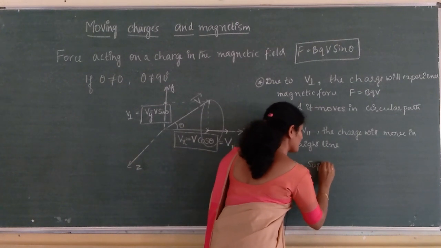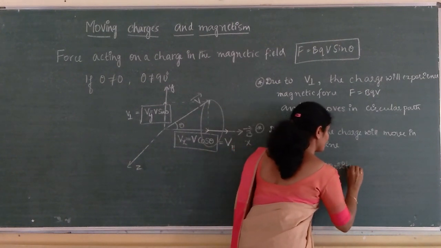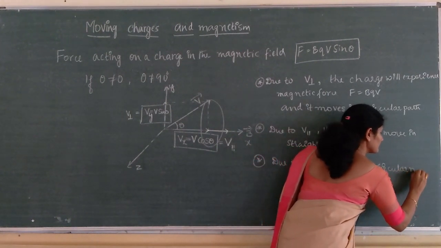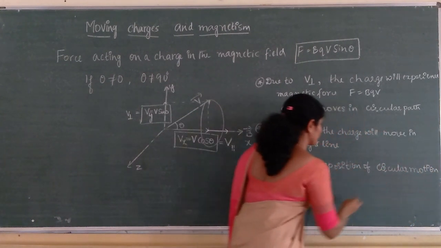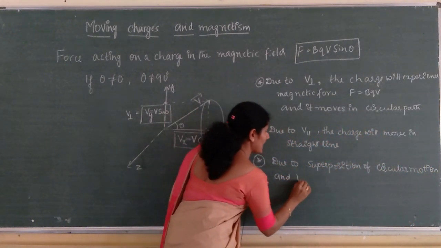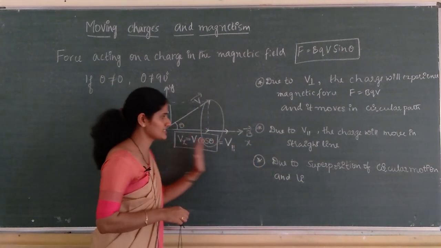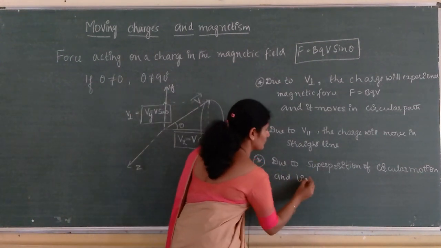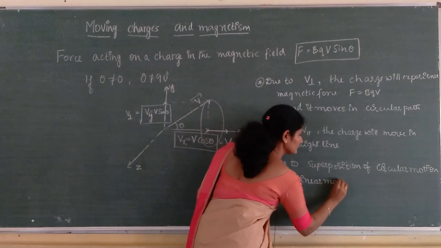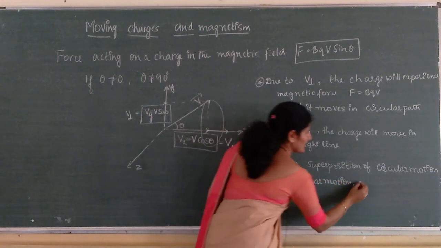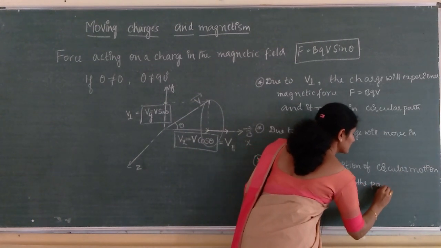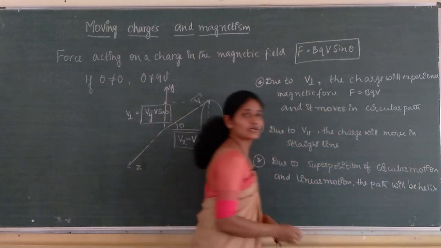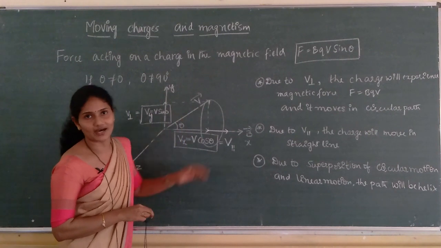Due to the superposition of circular motion and linear motion, where linear motion is along the x-axis and circular motion is along this direction, the path will be a helix, or the particle will follow a helical path.